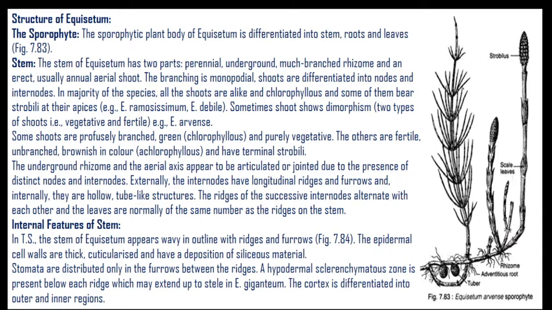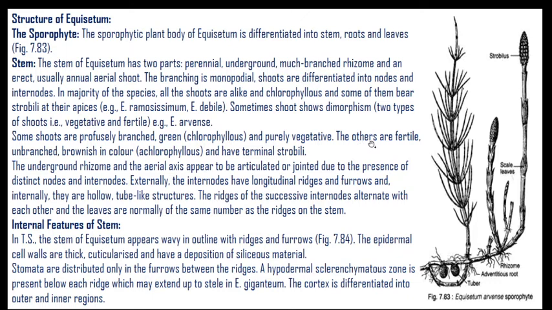In the majority of species, all the shoots are alike and chlorophyllous, and some of them bear strobili at their apices, as shown in the figure. So this is the apex which shows development of a strobilus. Some shoots are profusely branched, green, chlorophyllous and purely vegetative.